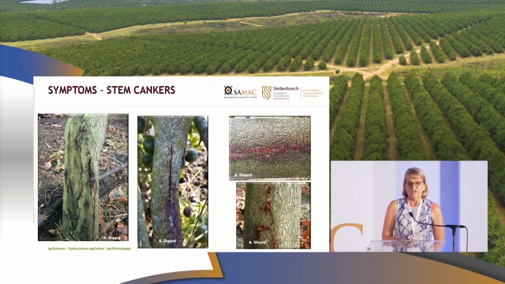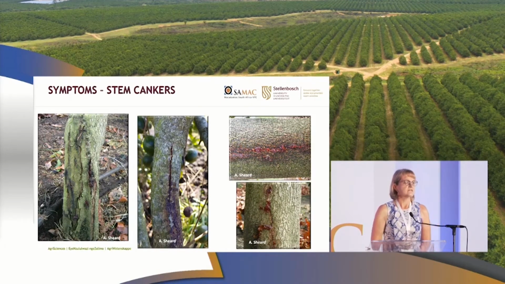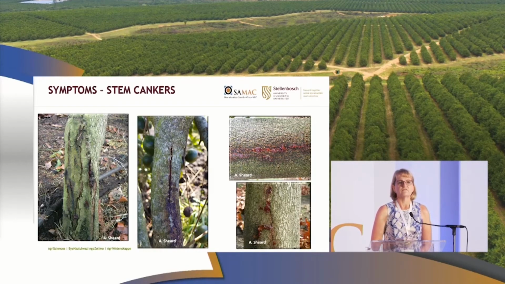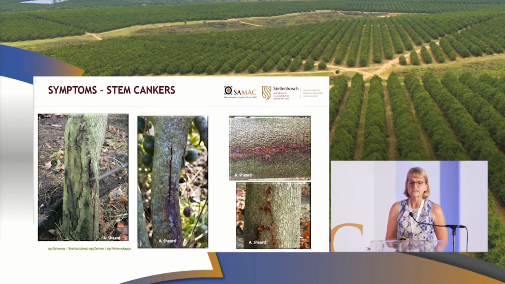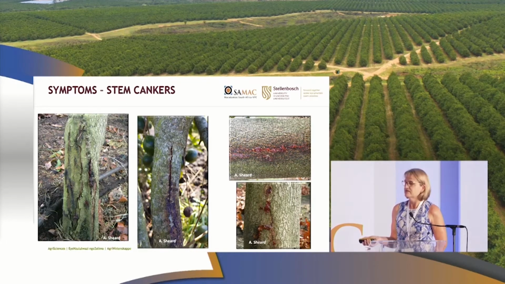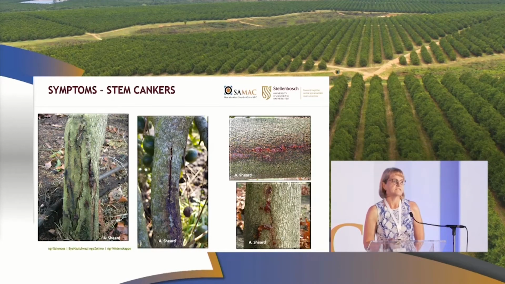So I would like to spend a few minutes just on the symptoms, because I think unfortunately there's a lot of misdiagnosis. As Runel also showed you, there are a lot of yellow trees, I think, that are sometimes being identified as Phytophthora. So one of the main symptoms of Phytophthora on macadamia can be stem cankers, as you can see on these slides, with the red gumming that you see there being indicative of active stem cankers.